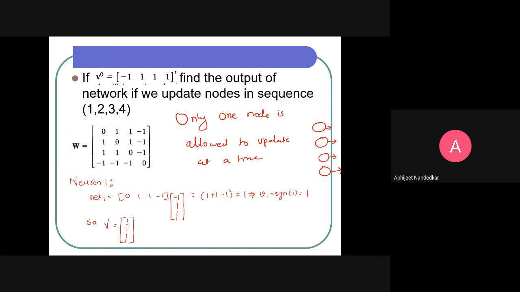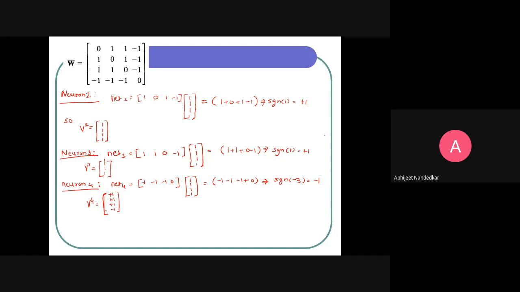Suppose I am following 1, 2, 3, 4, then only neuron number 1 is allowed to update its output. The remaining 3 maintain their outputs. In the second step, the next neuron is allowed to update its output and the others are kept as they are. Like this, the updating is carried out, only one neuron at a time.